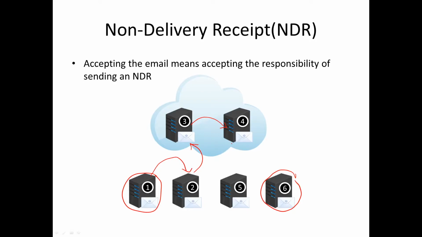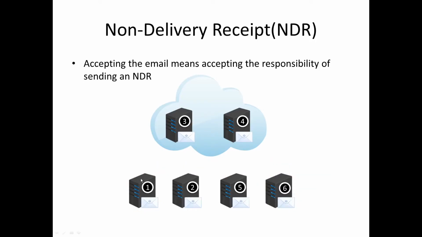Then it jumps from server 4 to server 5, then server 5 to server 6. Now, server 6 noticed that the mailbox of the recipient is already full. So, the same question, which server will be the one responsible for sending an NDR? You're right again, it should be server 6 because SMTP server 6 already received the email.